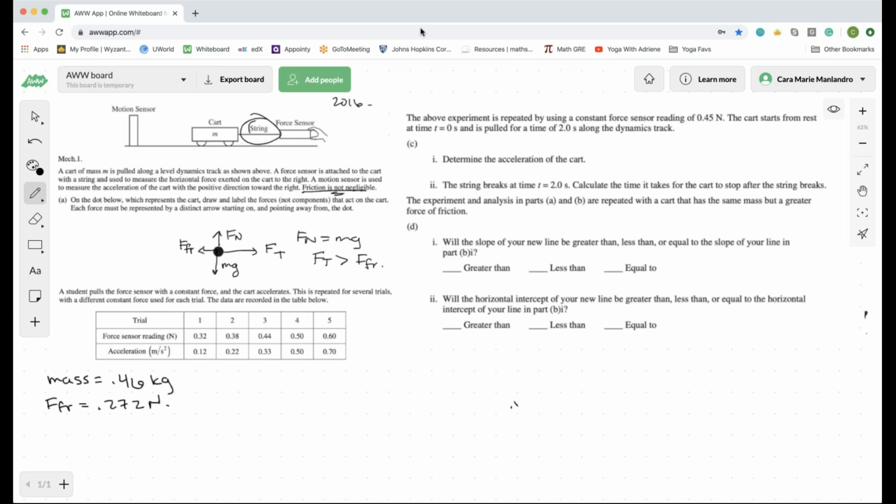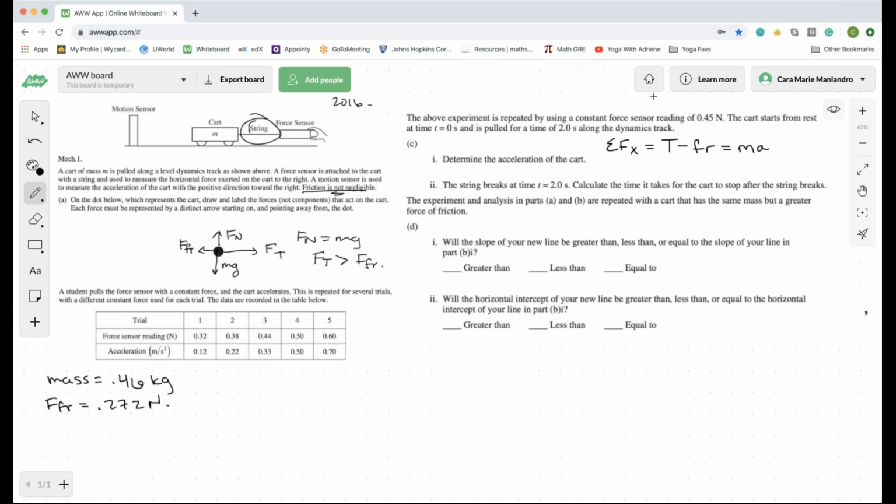Okay, so for this problem, we want to determine the acceleration. So we're going to use Newton's law for that. The sum of forces in the X direction is equal to your applied force, so your tension minus the force of friction, is equal to ma. Our tension, we're told, is 0.45 newtons.